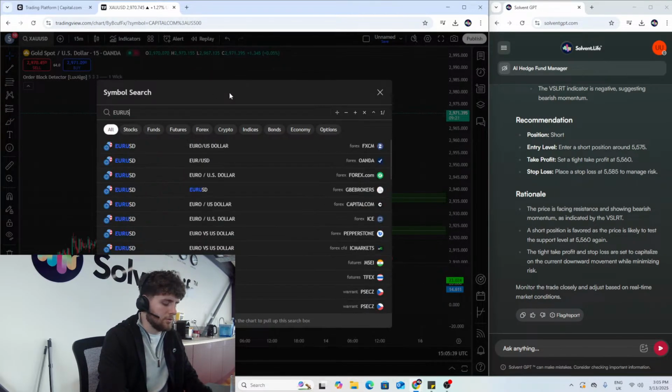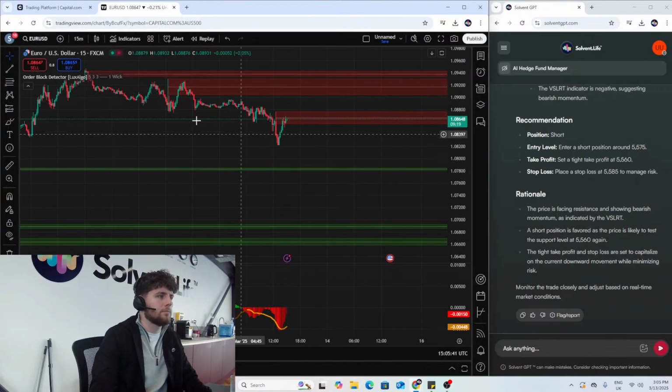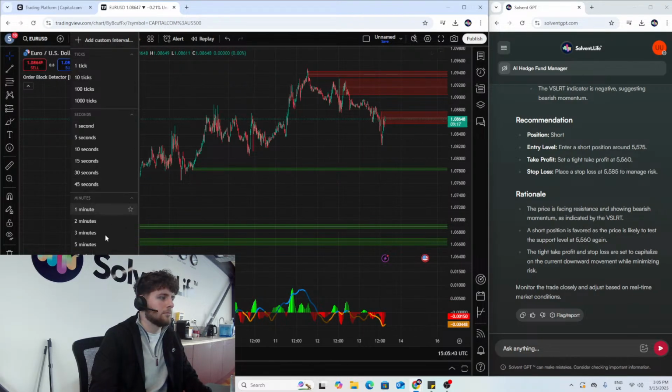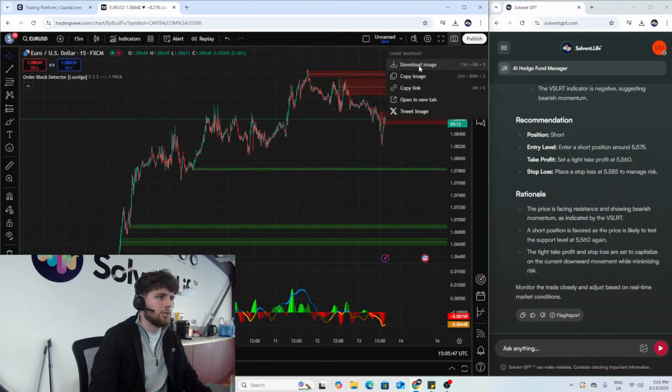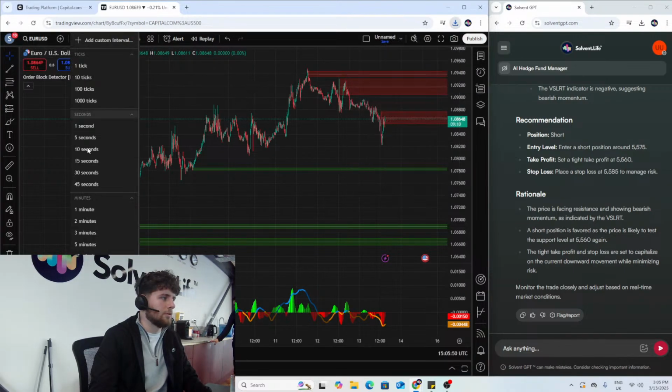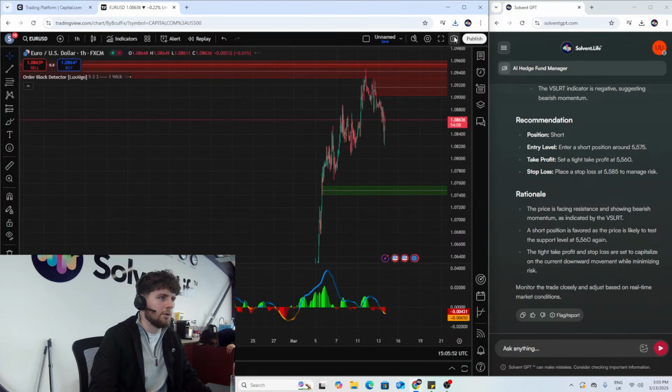Let's open up euro to US dollar. I'm going to take an image, the 15-minute. We're going to take an image of the 1 hour and then an image of the 4 hour.